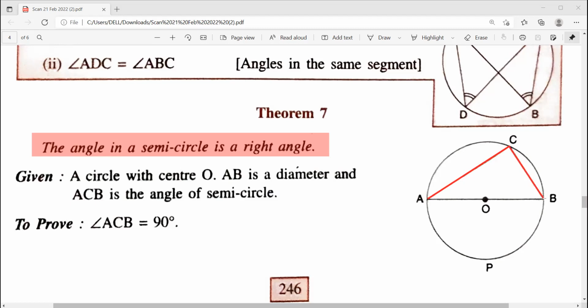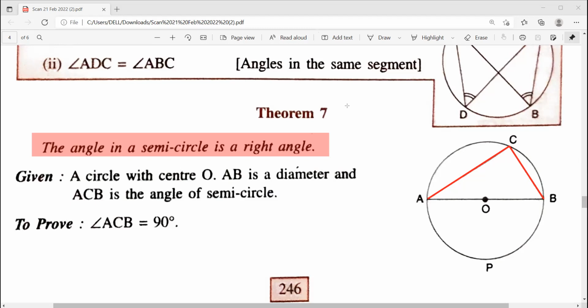This point is C. What we notice is this angle ACB is being subtended by the diameter AB on the circle, or at a point on the circle.